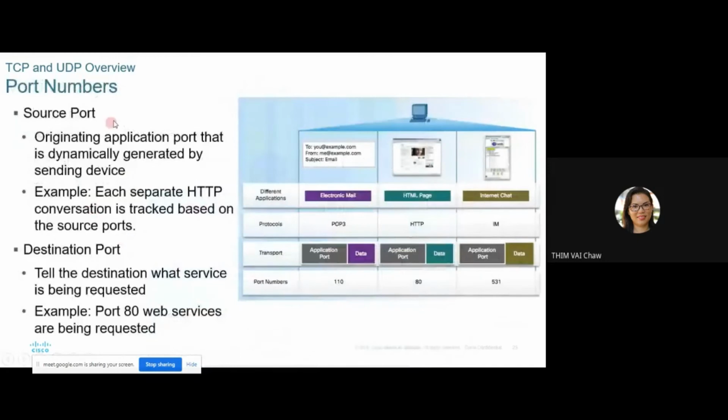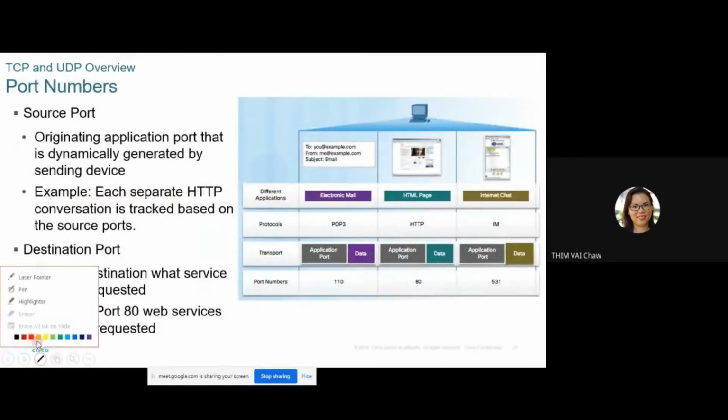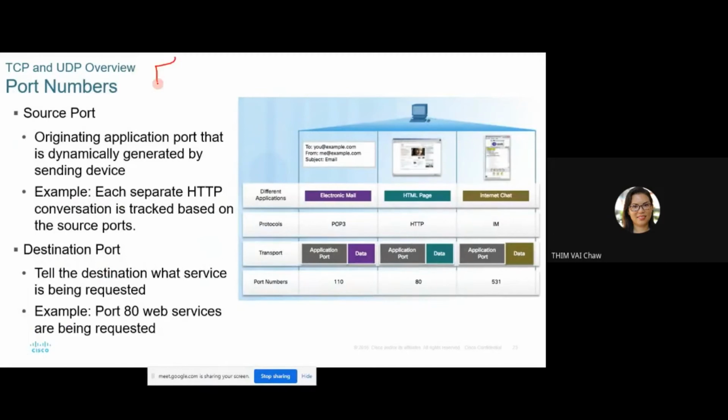We said that the device, this is your PC, is connected to the server. This server is using a well-known port number. Your PC, your device, also has a port number.